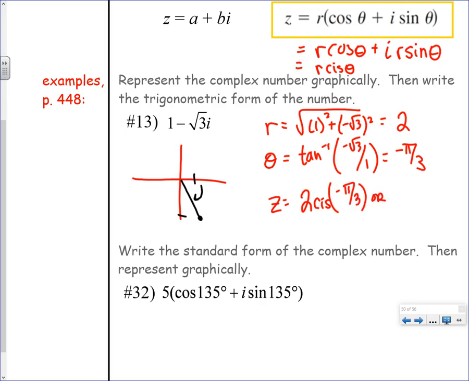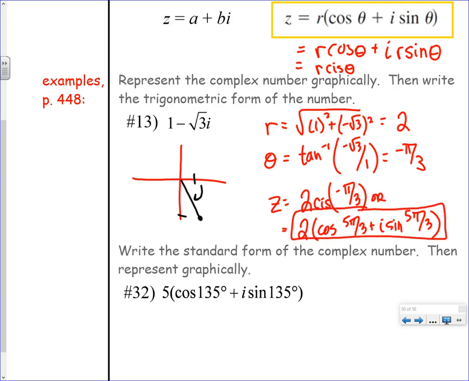Or you could write it the super snazzy 2 times cosine of, I'll use the other angle just for sake of argument, plus i sine of... So you could use the cis notation, you could use the negative pi over 3. I think for complex numbers, they almost always put a positive angle, so that's probably the one to be on the lookout for. But technically it's the same location, so I guess it's all right.